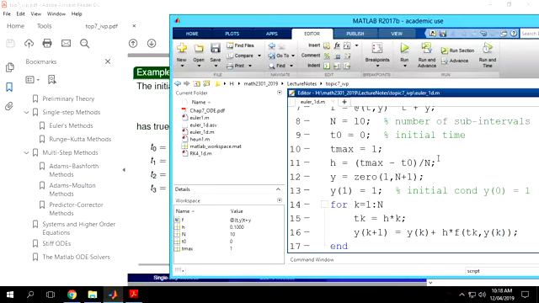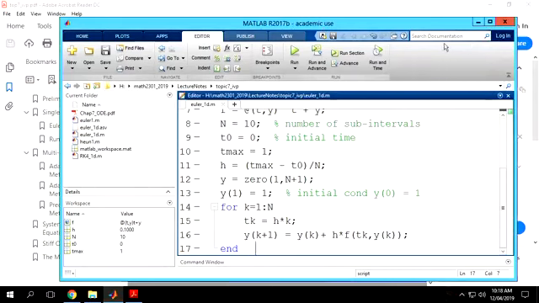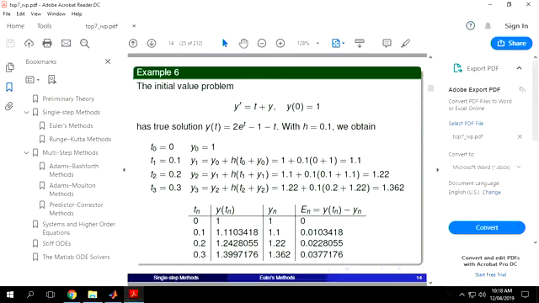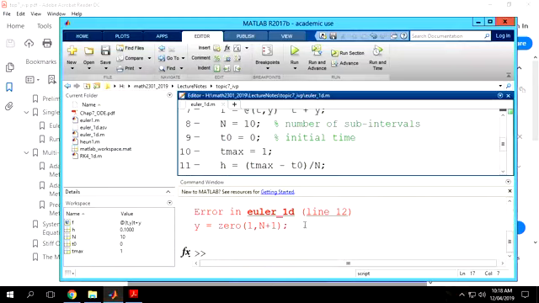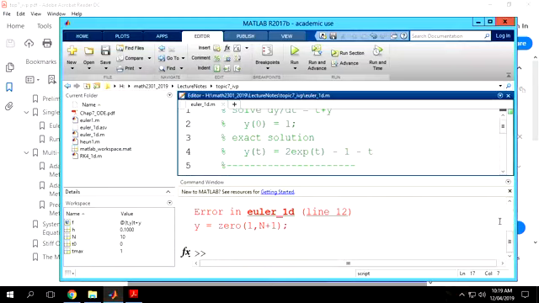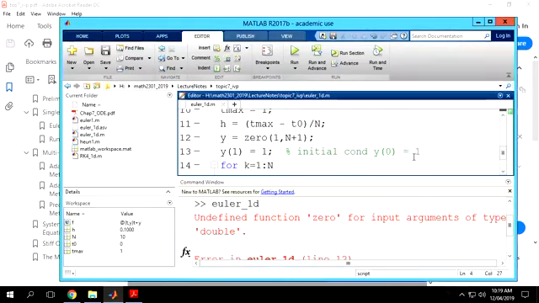So you will see that if I check the value of y, so what do I have? Where's my errors? It should be zeros like this.